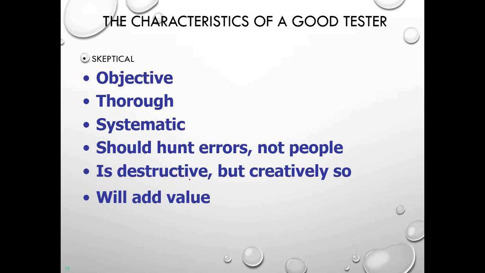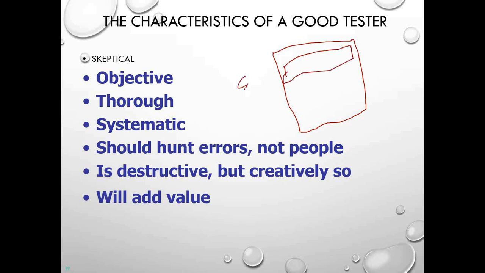Destructive in the sense that, unless you play around with the system in a good way and a bad way, you do not know that. Let's assume, I'll give you an example. So this is the form, and this is the text box where you are supposed to ask for the email address.